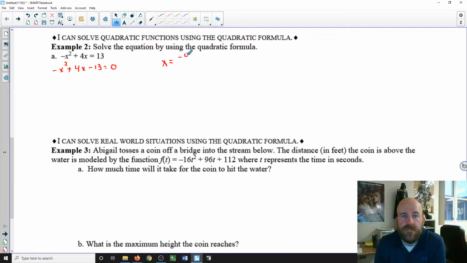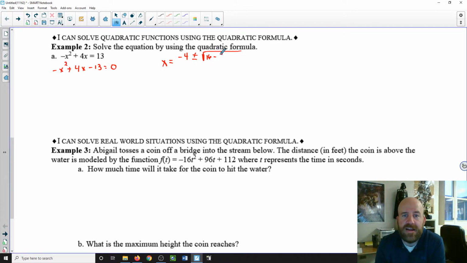negative b plus or minus the square root of b squared, which is 16, minus, let's see, I'm not going to write it out. So 4 times a, which is negative 1, so that's negative 4, times negative 13 would be positive 52.